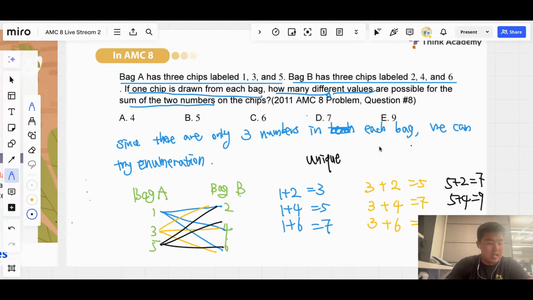Unique means it only counts as once, right? The unique values are 3, 5, 7, 9, and 11. No more repetition. So that's 1, 2, 3, 4, 5 numbers. Since it's asking for the number of different values, we for sure know it's option B. The answer is 5.